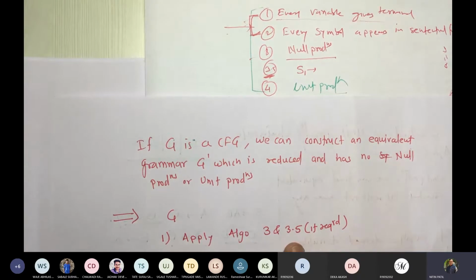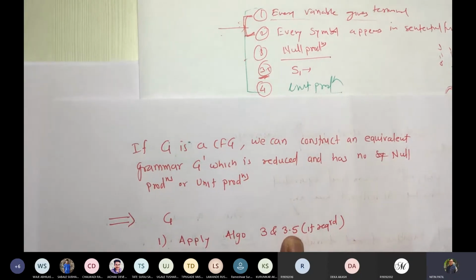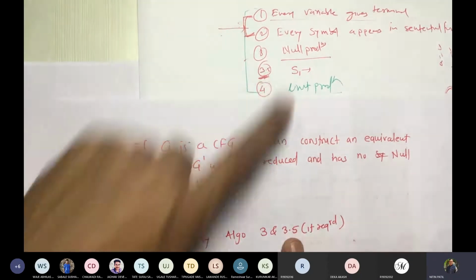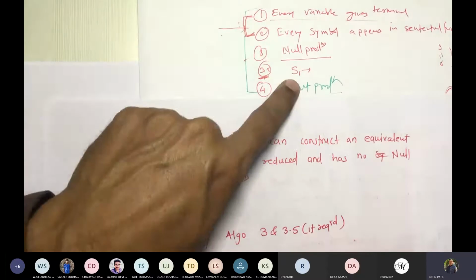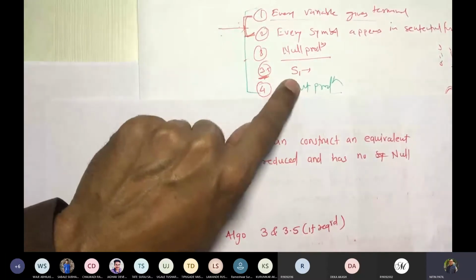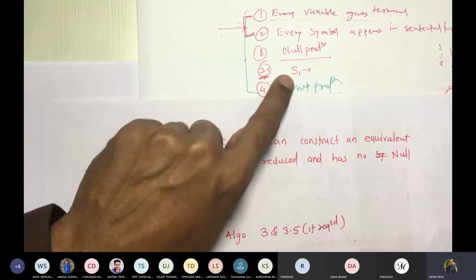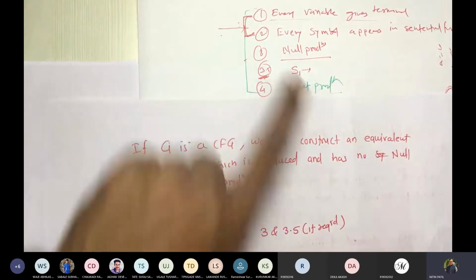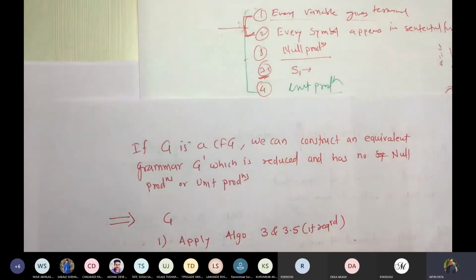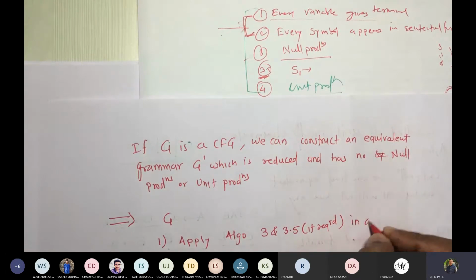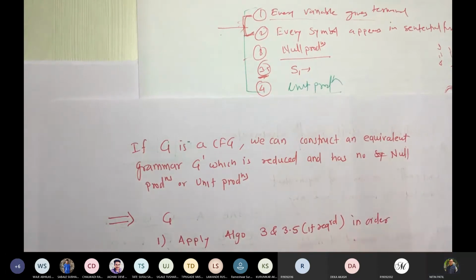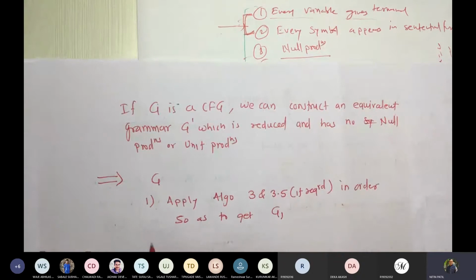You have to apply 3.5 only when S is nullable, which means epsilon is part of your L(G), and then you add that. Correct? 3 and 3.5 in order so as to get G1.